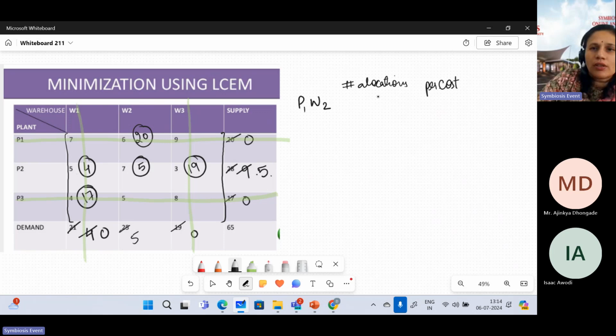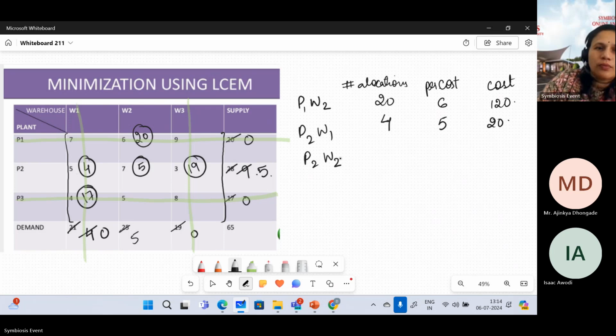So we receive here the figure 20. This is 6, and therefore the total cost is 120. We have P2W1: allocations 4, per unit cost 5, total 20. P2W2: allocation is 5, cost 7, 35.